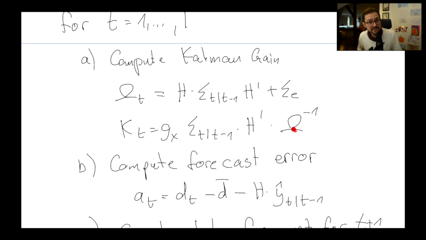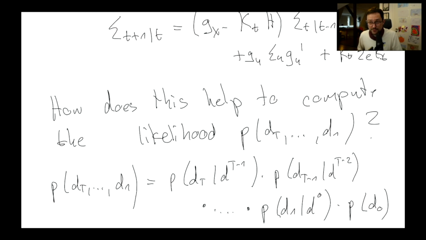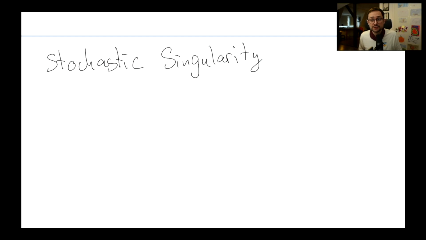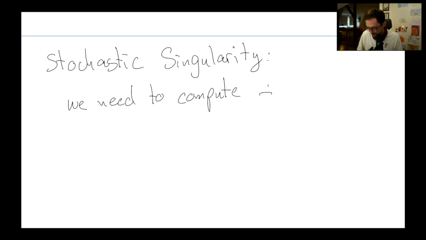So whenever you're faced with a situation where this omega is a singular matrix, you have what is basically either a numerical problem or stochastic singularity. There are some requirements to not run into this issue. So we need to compute omega_t inverse, and we require a couple of things for this.